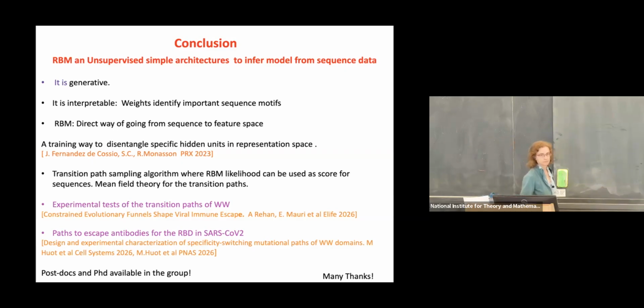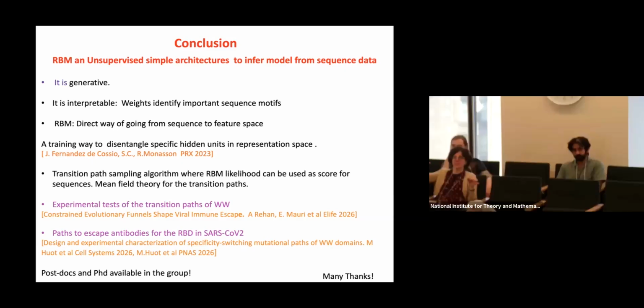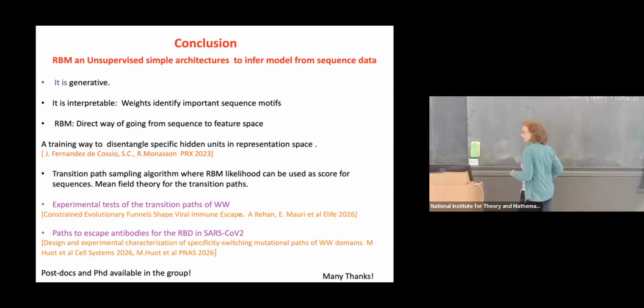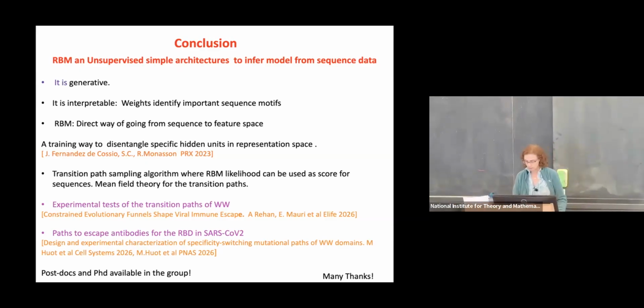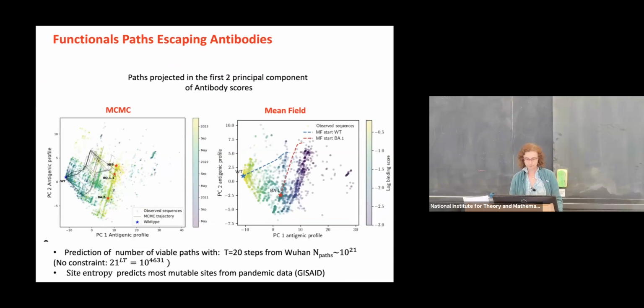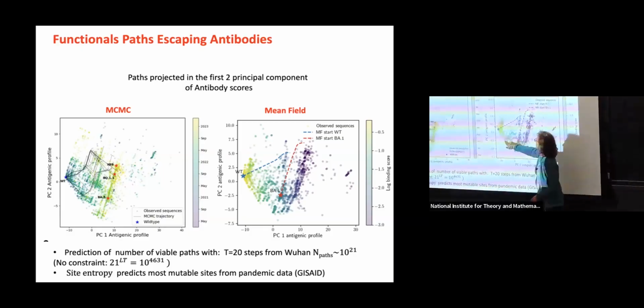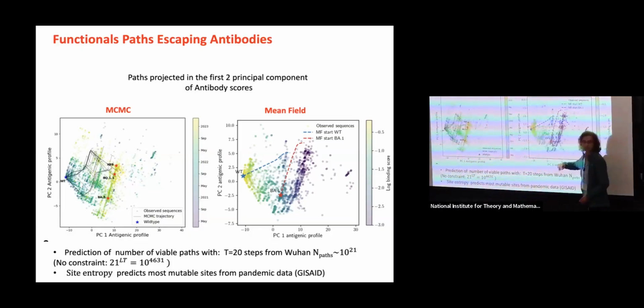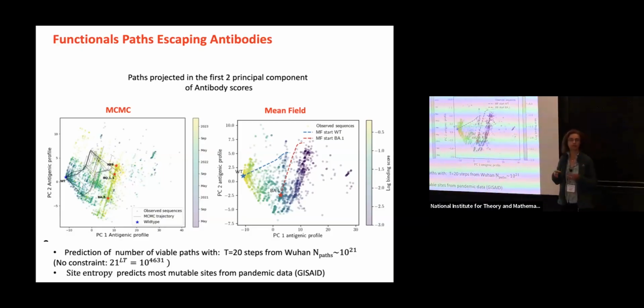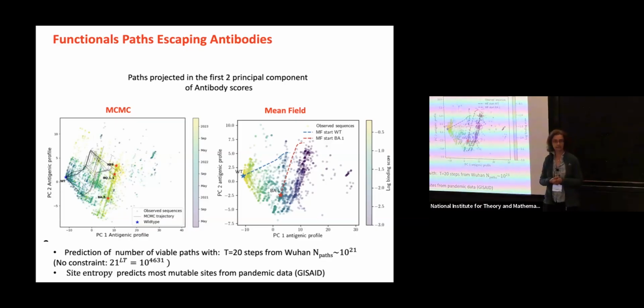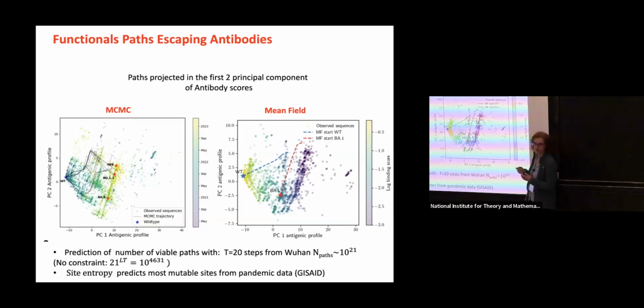How is this escape path defined, in the SARS-CoV-2 case? Yes, so these are the escape paths in SARS-CoV-2. We didn't impose the final sequence. We imposed just the first one, and the fact that you have to increase resistance against antibodies.